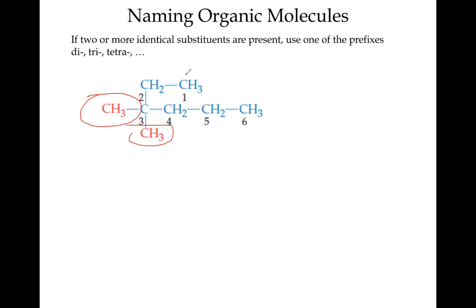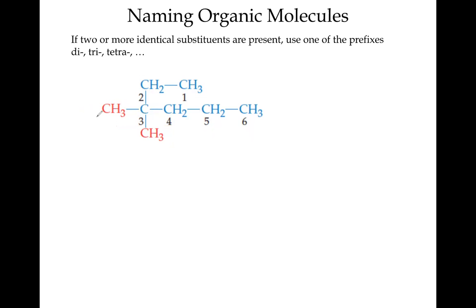And we number it from this carbon here because that allows the carbon that has the substituents to be 3. If we numbered it this way, it would be 1, 2, 3, 4. It would be the fourth carbon. We don't want that. We want it to be the third carbon. So we number it from that direction.